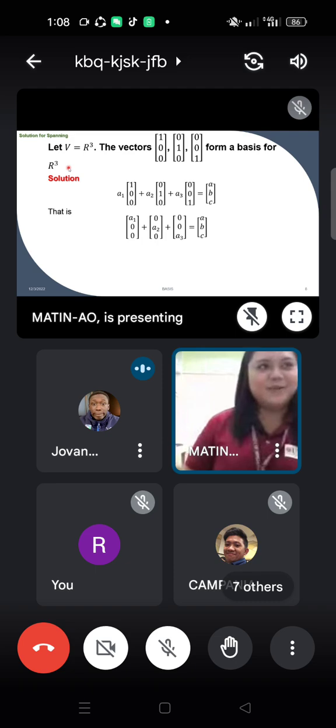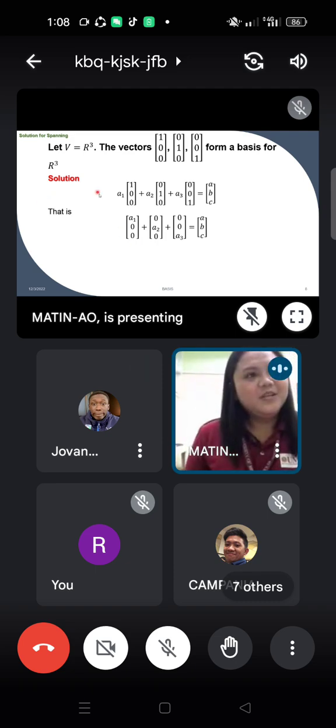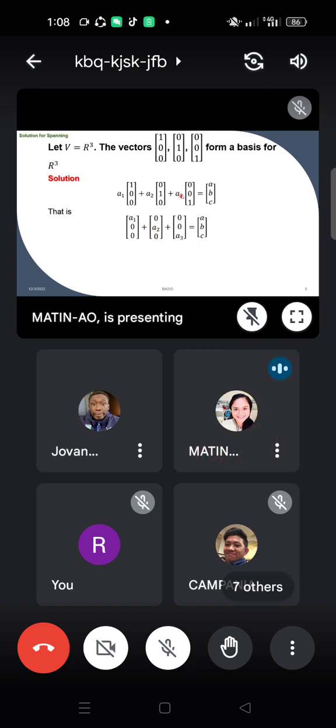Okay, so a sub 1 times this vector is (a sub 1, 0, 0), then a sub 2 times the vector (0, 1, 0) is (0, a sub 2, 0).